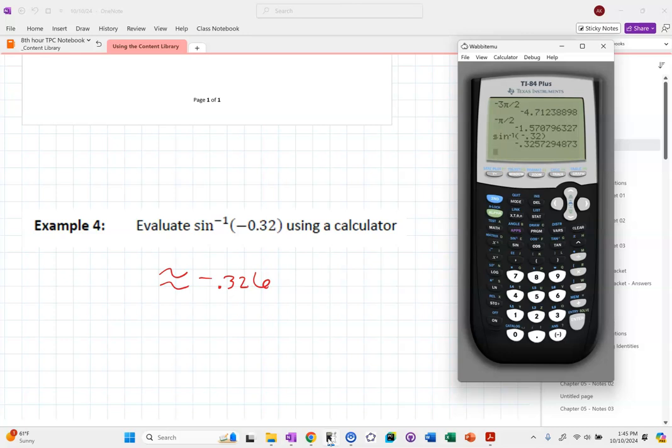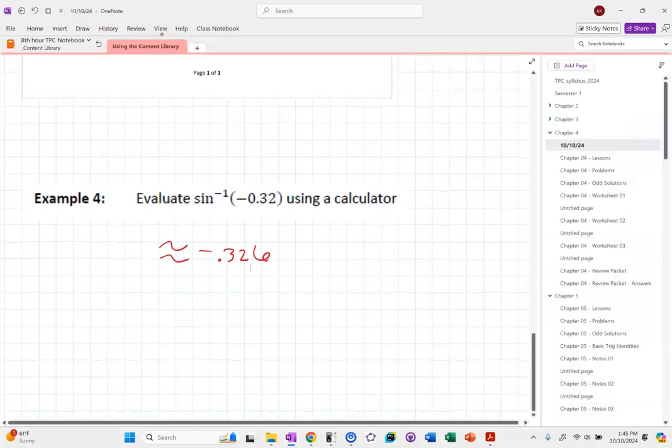So if you change your calculator to radian mode and try it again, I bet you get the right result. How do you change it? The mode button is right next to the blue second button. Then you just highlight the option that says radian and press enter. Everybody feel okay? All right.